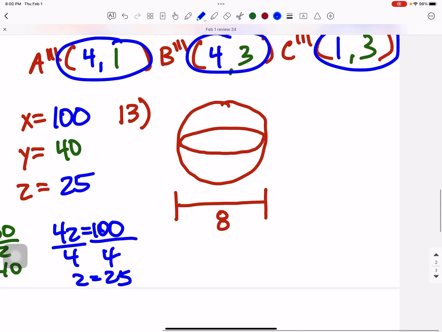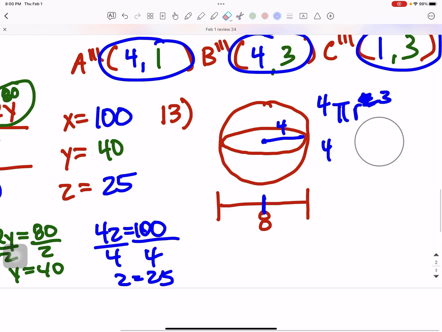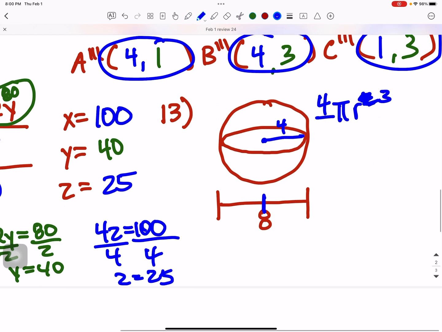All right, for 13, this is a pirate square. But instead of a 2D, we take a pirate square and we make it 3D. And we don't need 8, we just need 4. So 4 times 3.14 times, oh, sorry, what am I doing? That stupid fraction is what we need in front, not 4. That stupid fraction, 4/3 times pi times the radius cubed.